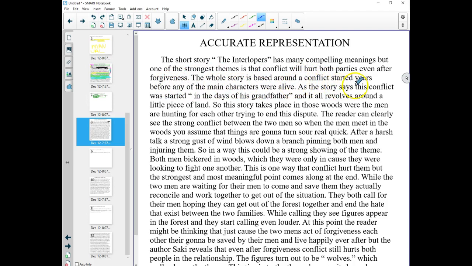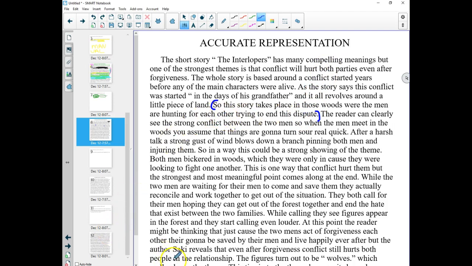As the story says, this conflict was started in the days of his grandfather, and it all revolves around a little piece of land. So this story takes place in those woods where the men are hunting for each other, trying to end the dispute." That's my first thing. So you've got to make sure that you understand what the story was actually saying.